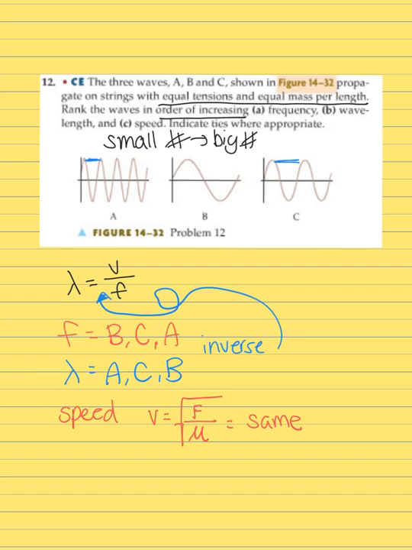Just maybe a little bit different concept that we're thinking about here. And even though there's not numbers given for each of these, we can also look at this equation to help us out for that. So when we see waves that have equal tensions and equal mass per length, we can assume that all the speeds are exactly the same. However, our frequency and our wavelength may be a little different.